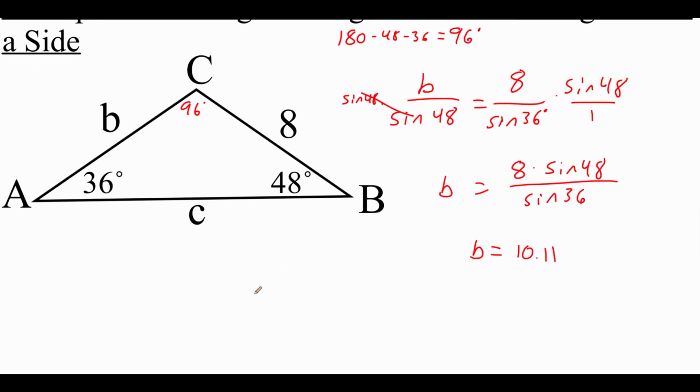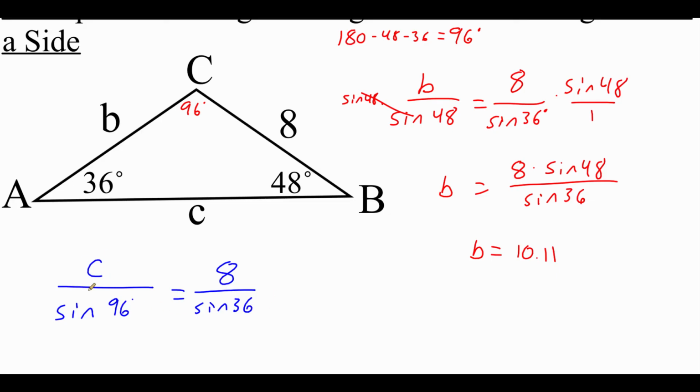Now we're going to do similar things to help us find side c. So I'm going to take side c over the sine of angle C, which we found earlier to be 96 degrees, equals, now I'm going to use that information about side a again, so length of 8 over the sine of 36.